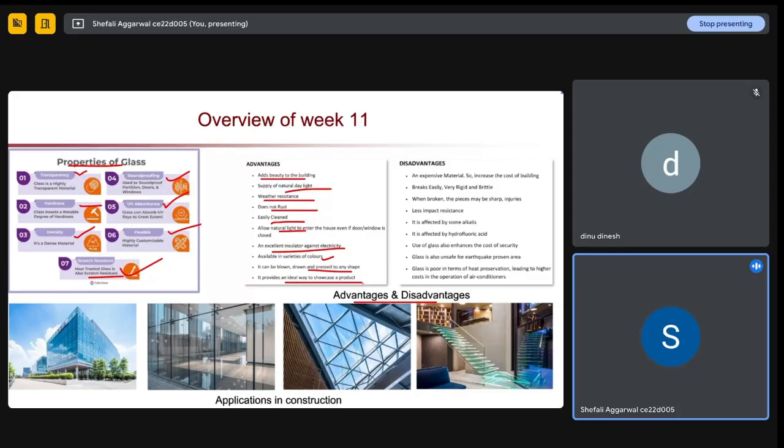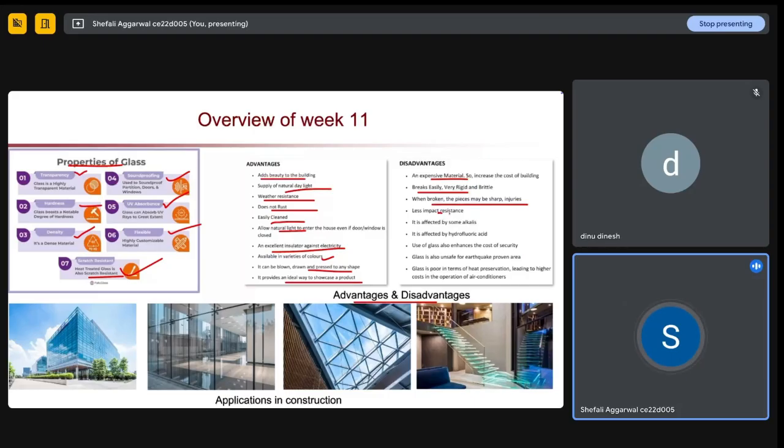It means if you want to show your house as something expensive, mostly people use glass walls or glass facades in their construction structure. So what are the disadvantages? Again, it is expensive compared to normal concrete, it's very brittle in nature, and there are chances of injuries when it is broken.